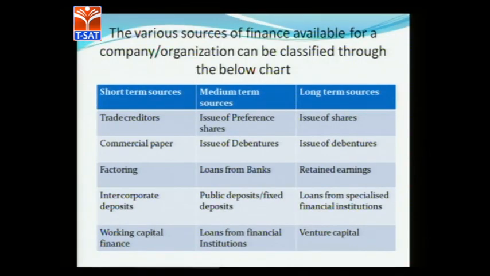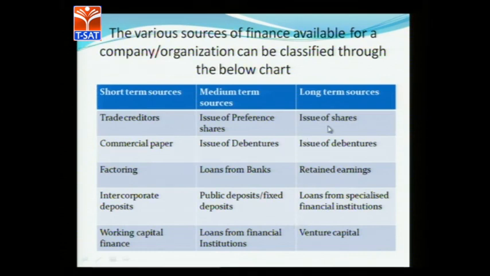In short term finance, we have trade creditors, commercial papers, factoring, intercorporate deposits and working capital finance. And in medium term finance, we have issue of preference shares and issue of debentures, loans from banks, public deposits or fixed deposits, and loans from financial institutions.